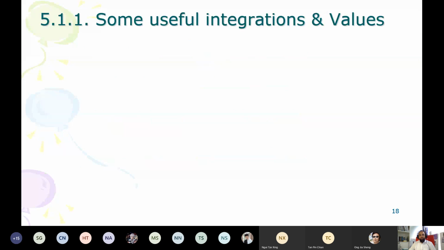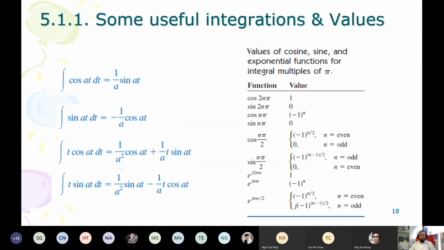Okay, since we are integrating a function multiplied with sine and cosine, we may try to recall some of the functions and values from our calculus and other courses. Remember the integration of cosine at is 1 upon a sine at, and integration of sine at is minus 1 upon a cosine at.